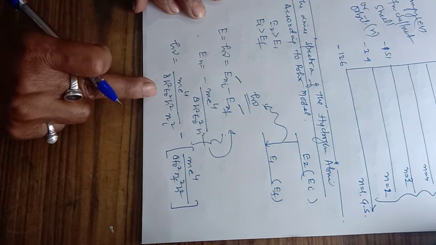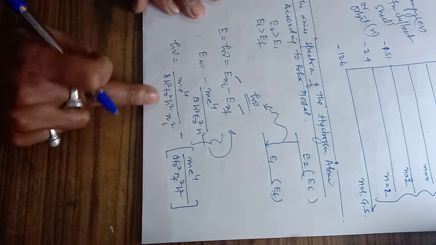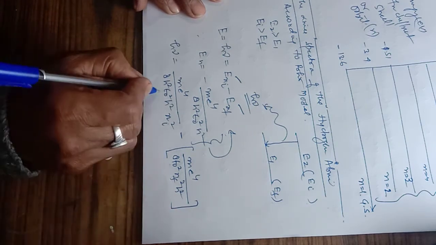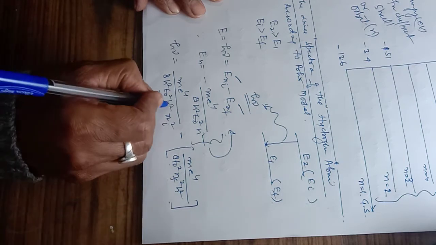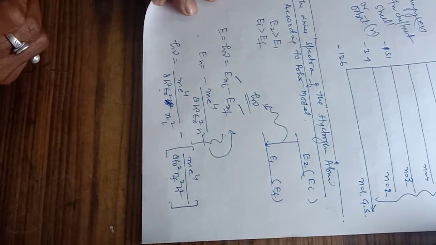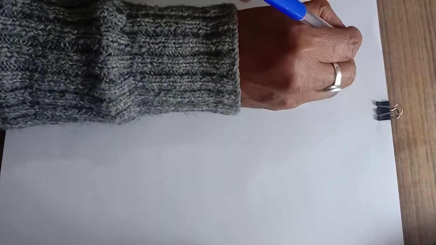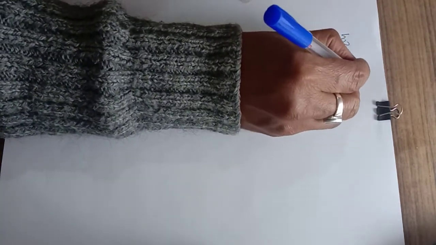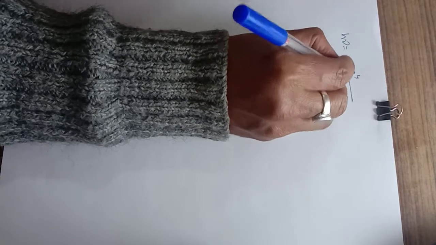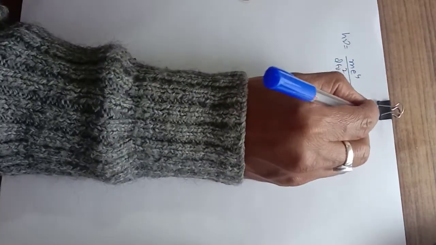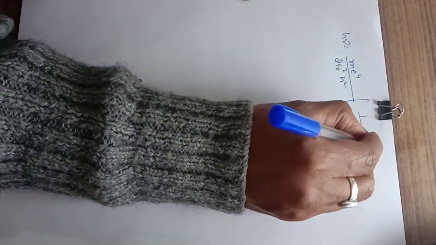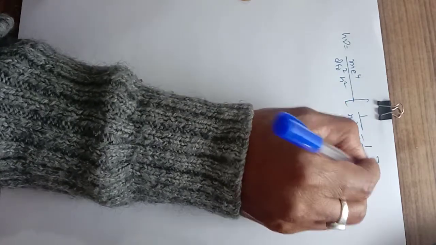So we can write h nu is equal to me to the power 4 upon 8 epsilon 0 square h square is common, then inside nf square minus ni square.